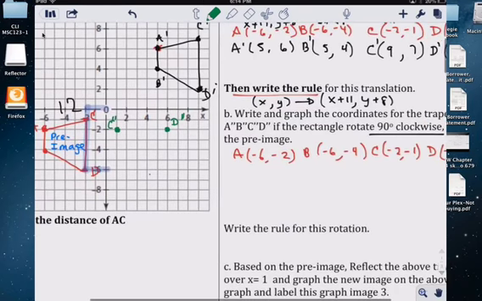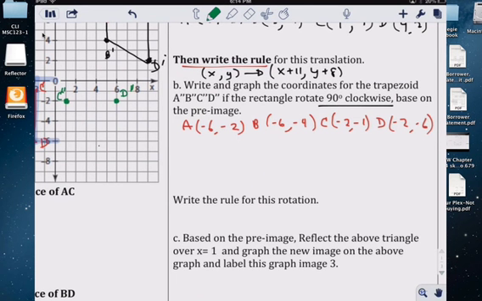Alright, let's write the coordinates so I can see the changes. C double prime is (1, -2). D double prime is (6, -2).